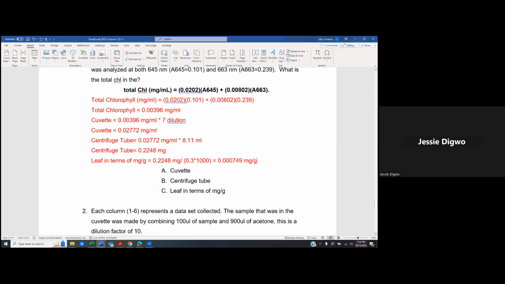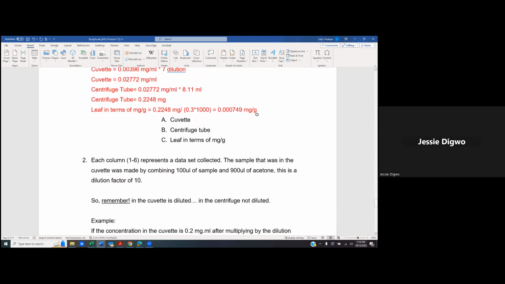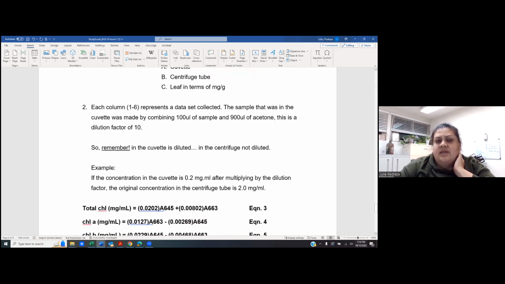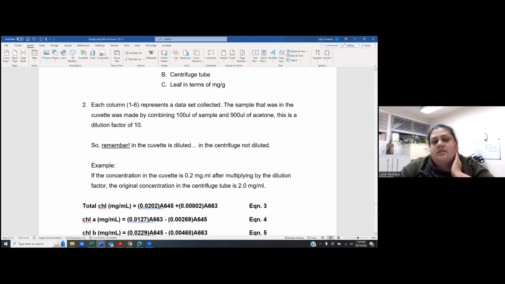So on this one, it's saying each column represents the data collected for the sample in the cuvette that was made from combining 100 to 900. So that's a dilution factor of 10x, right?